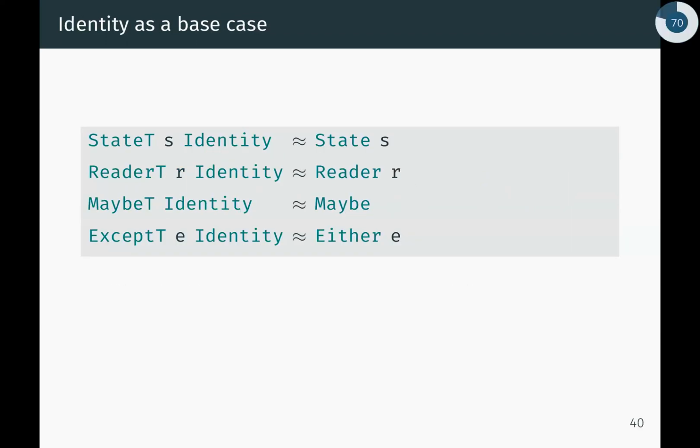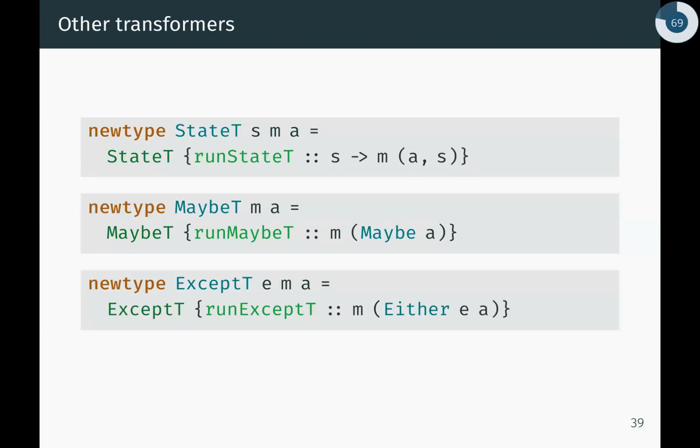Because there are these monad transformer versions of State, Maybe, except Reader, and there are a couple of other monad transformers, but there is no IOT. So you can't add an IO effect to a monad.